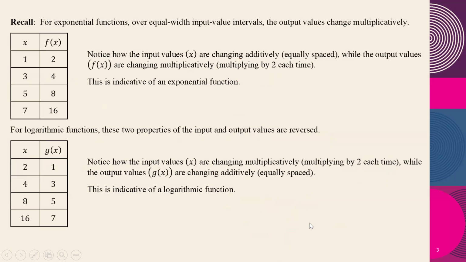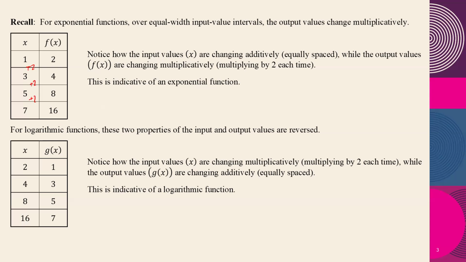Okay, so when we are looking here, we recall the exponential function over equal parts. When you're analyzing an exponential function, you know that it's exponential because your x values are equally spaced. So each one is spaced apart by 2, right? Your f of x values are changing by some type of multiplication, right?